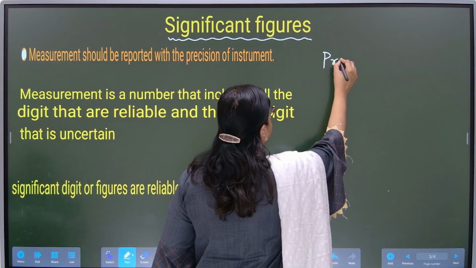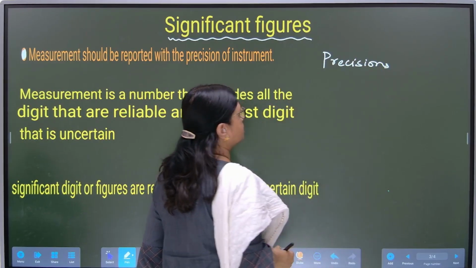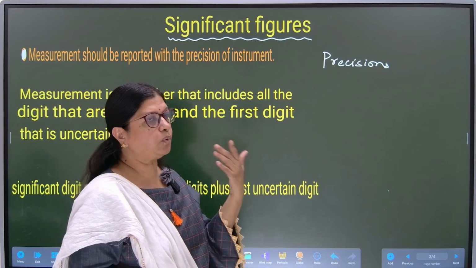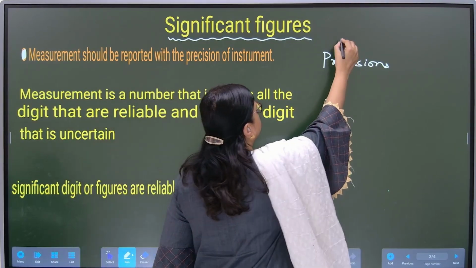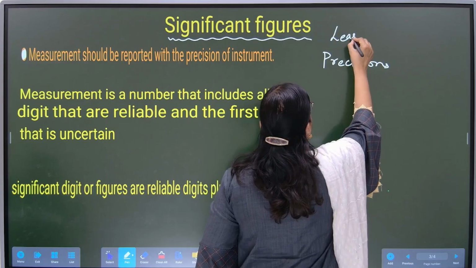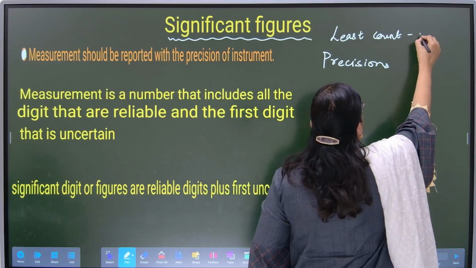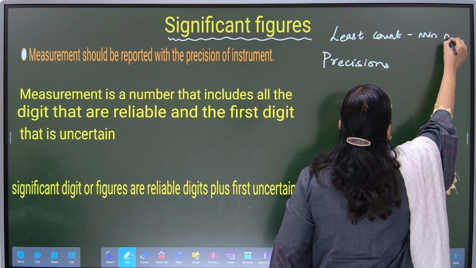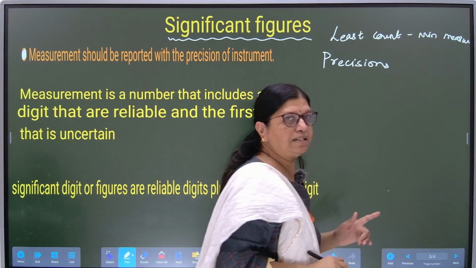The precision of that instrument is determined by the least count. Now, what is least count? I said that is the minimum measurement that can be made by that instrument, that is least count.